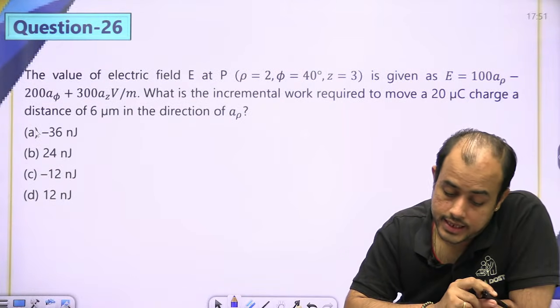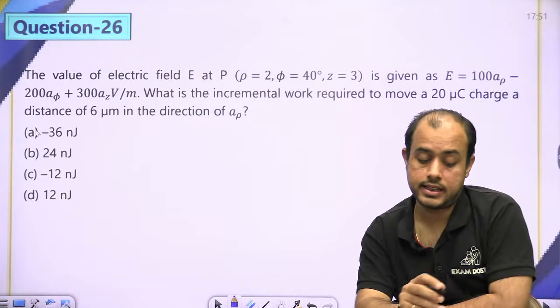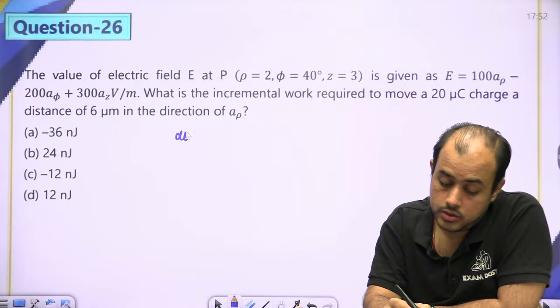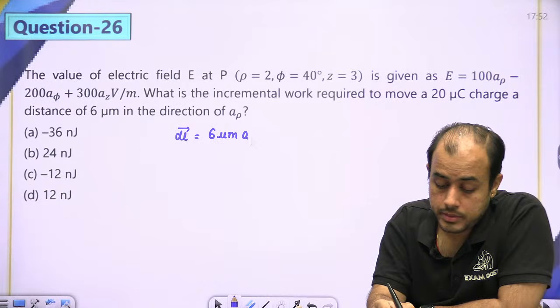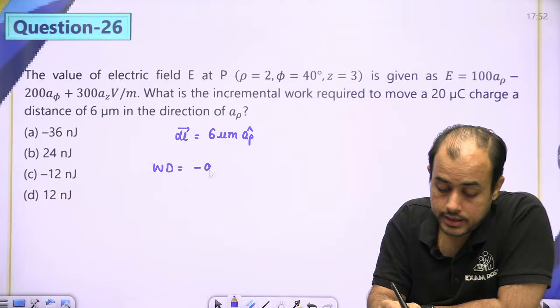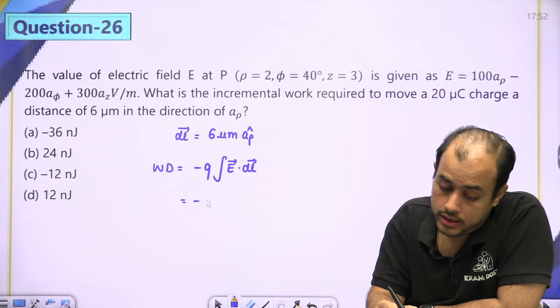Electric field is given. I need the incremental work done required to move a charge in the direction 6 micrometer at 0. So DL is 6 micrometer arrow cap. Now work done is E dot DL.